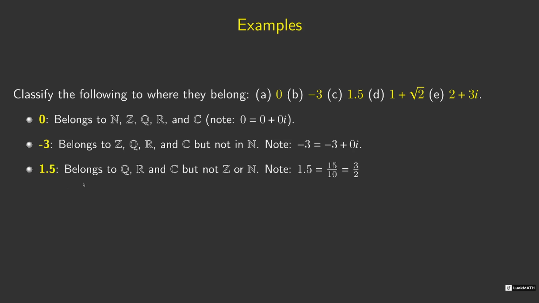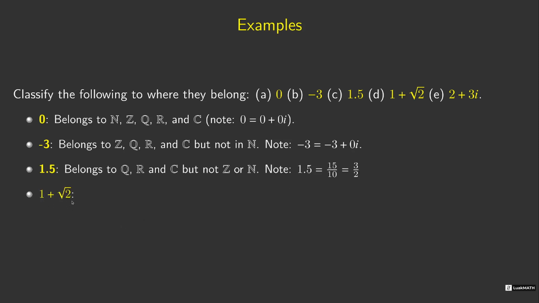So 1.5 doesn't belong to Z or N, because these two only accept whole numbers, not fractions or decimals. Okay. Otherwise, it belongs to Q, to R, and C. And notice how I can convert 1.5 from a decimal to a fraction. You write it as 15/10, and then you simplify it to become 3/2. And indeed, this is a rational number.